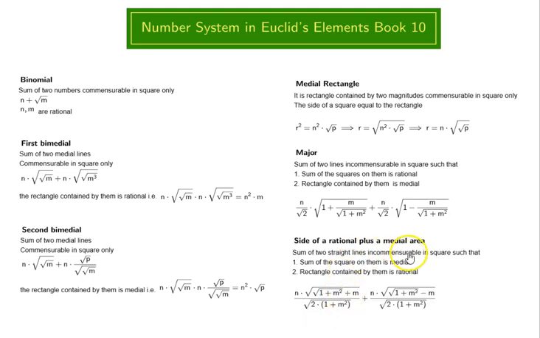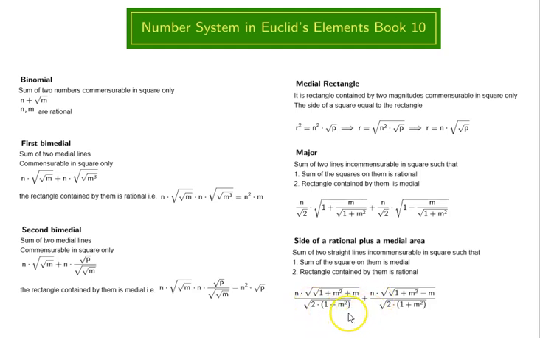Now, the side of a rational plus a medial area. So, the sum of two straight lines incommensurable in square such that the sum of the squares on them is medial and the rectangle contained by them is rational. So, here we have one straight line, another straight line, or we can say one magnitude, another magnitude.